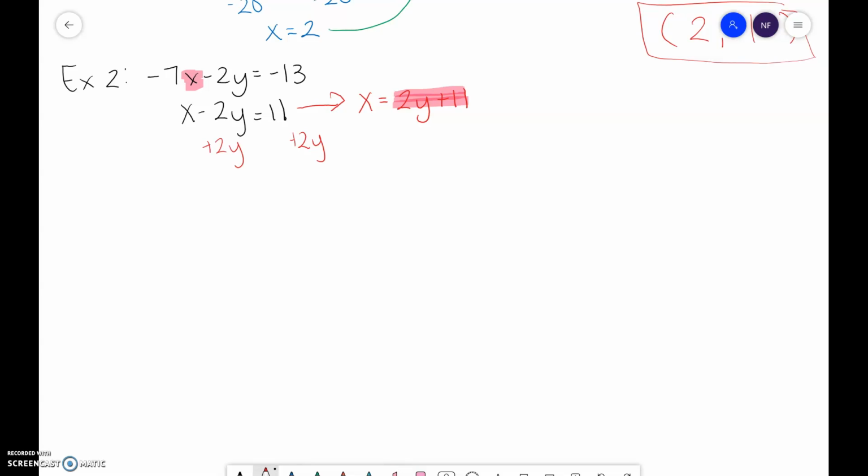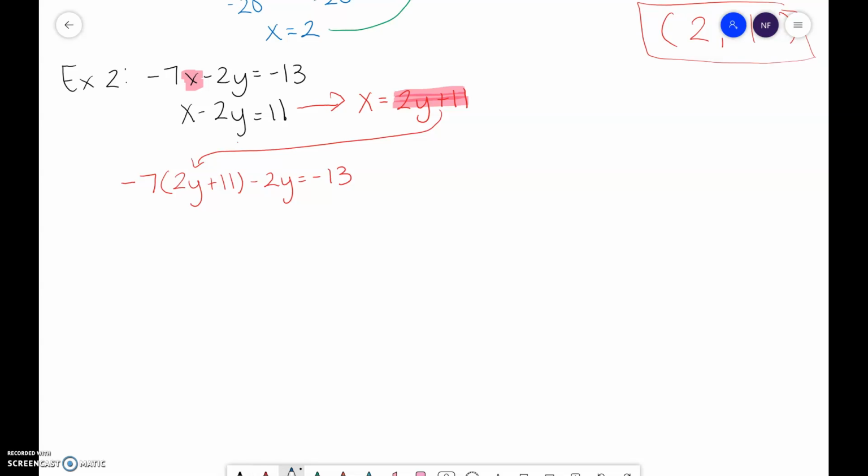So again, I have negative 7, and then I'm plugging that in here, 2y plus 11. So I'm going to get that out of the way so that we can see we're plugging that in here. Minus 2y equals negative 13.